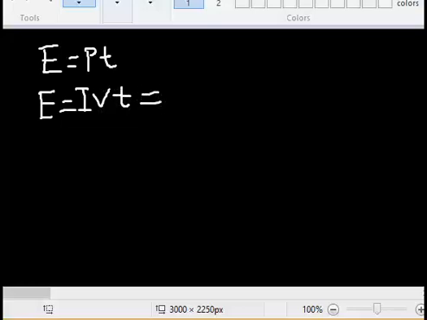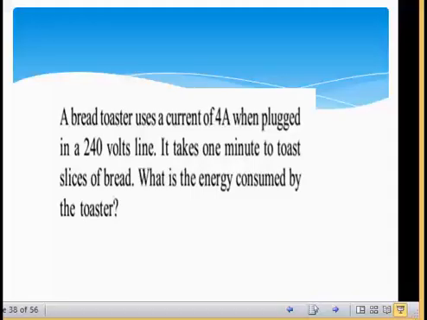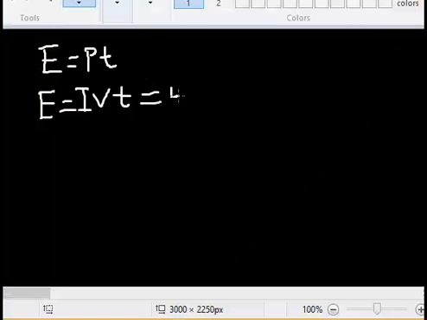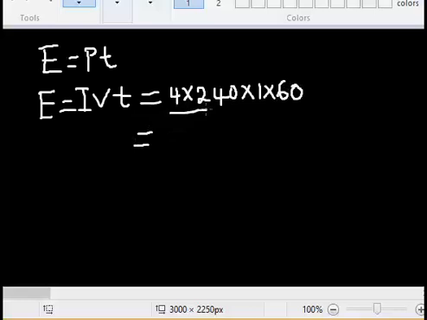So the toaster uses 4 ampere, the voltage is 240 volts, and it takes 1 minute. 4 times 240 volts, and the 1 minute I have to convert to seconds by multiplying by 60.